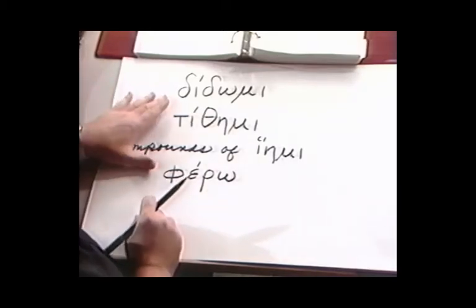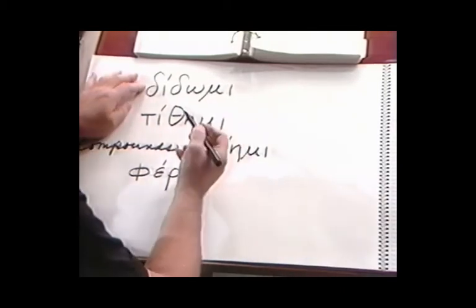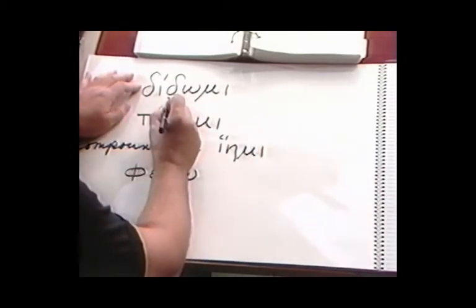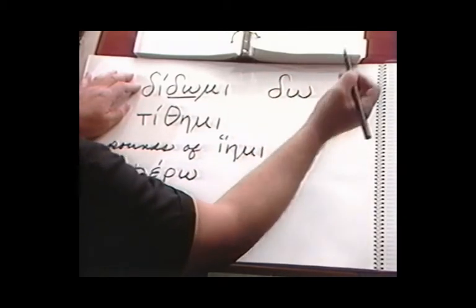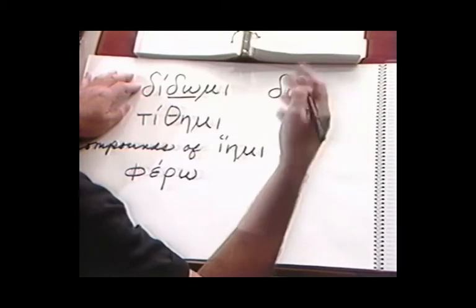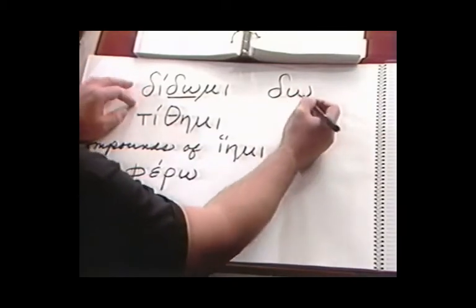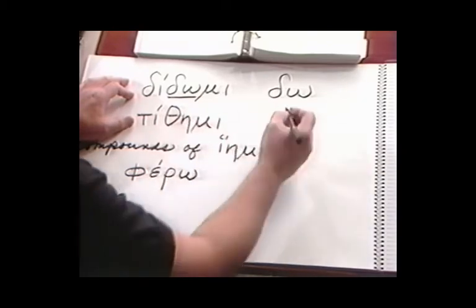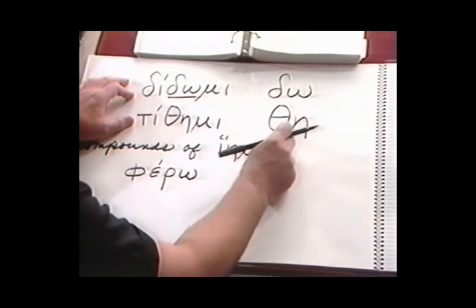Let's look at the basic stem of these three mi verbs. Didomi, the basic stem is do, a deer, a female deer, means to give. The basic stem of tithemi is the, T-H-E.